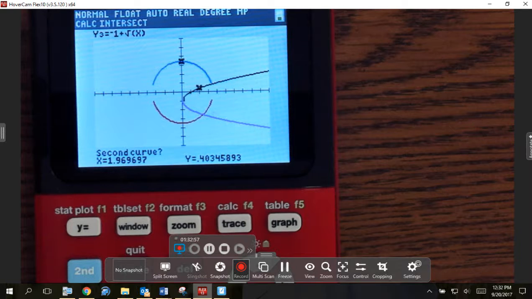So once I'm on the second curve, I'll hit enter, and then I need to go close to where they cross so the calculator knows what I'm looking for, and then hit enter, so that we find the intersection. So if you get that intersection right to 2 decimal places, try the second one on your own.